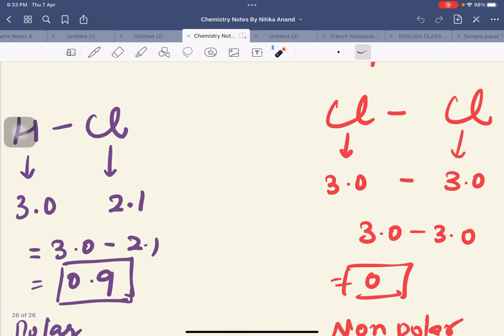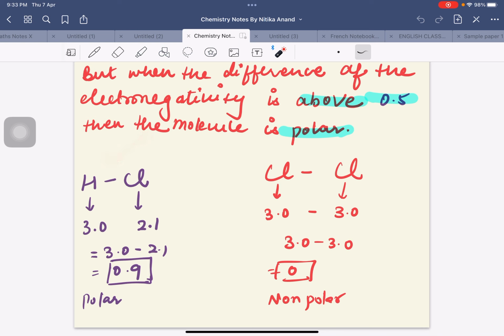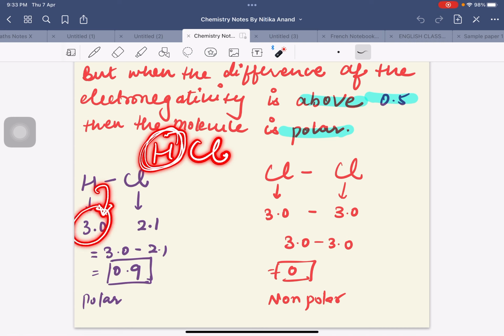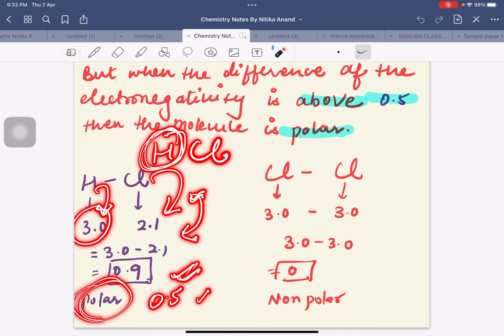For example, let's consider the molecule of HCl first. Here, the electronegativity of hydrogen is 3 and the electronegativity of chlorine is 2.1. When you subtract both of them, you get 0.9. So here 0.9 is above 0.5. Hence, it's a polar covalent compound.